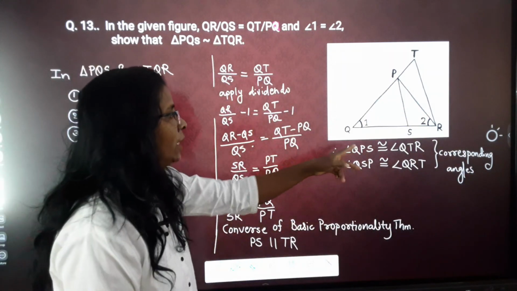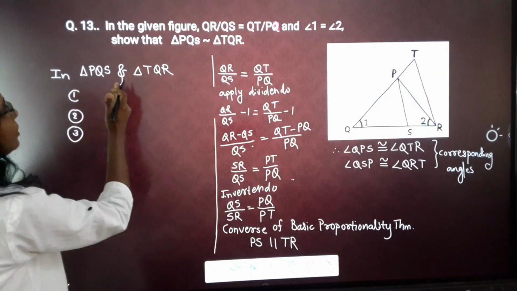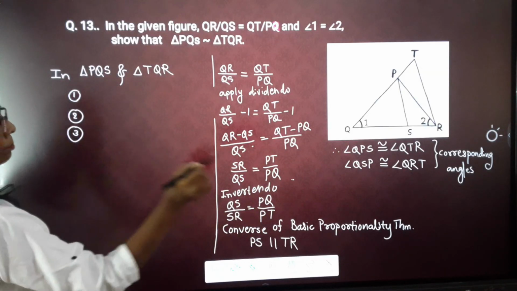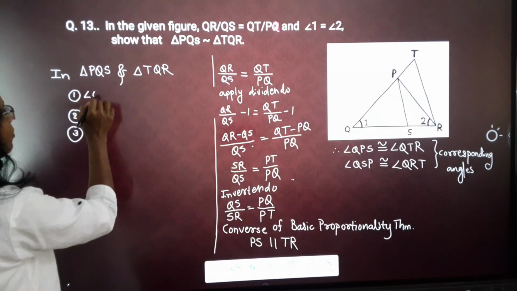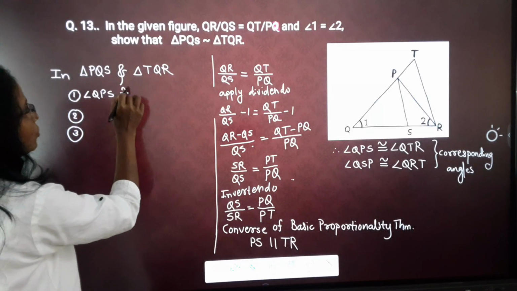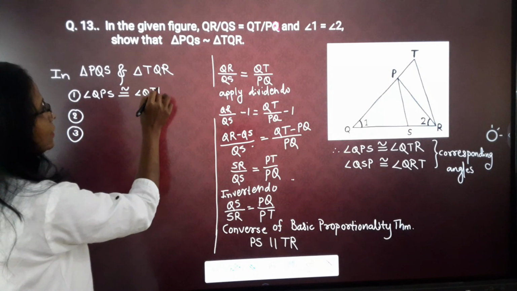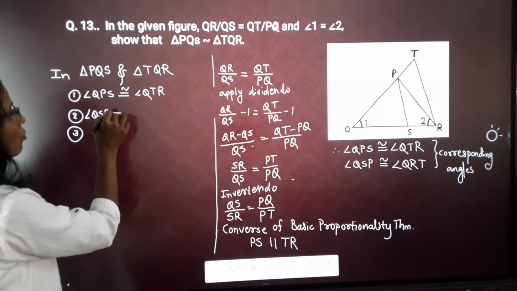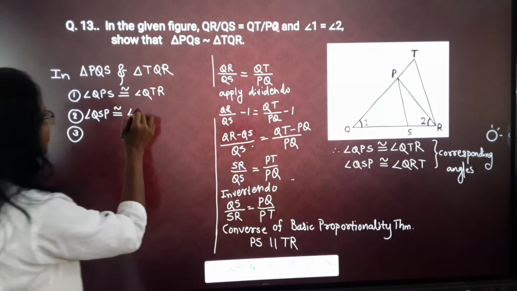So now here we write this in triangle PQS and in triangle TQR. The first component is angle QPS congruent to angle QTR, and the second is angle QSP congruent to angle QRT.